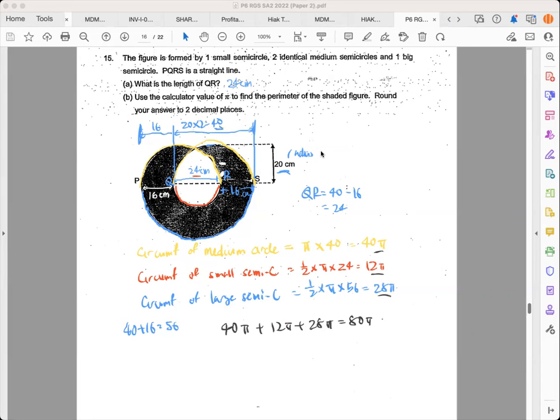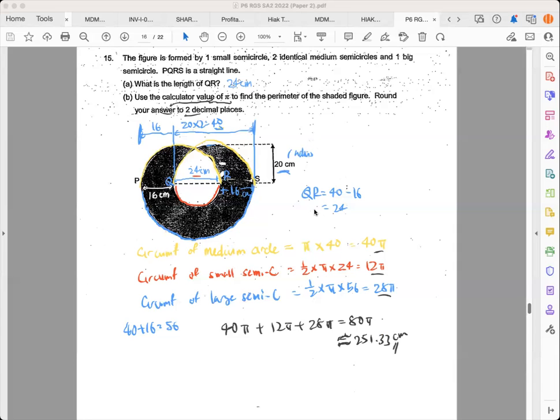And use the calculator value of pi to get an answer to 2 decimal places. So only at the very last step do you apply the calculator pi. And they want it to 2 decimal places, so 251.33 centimeters. Okay, so that's all.